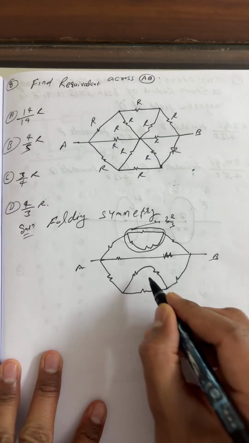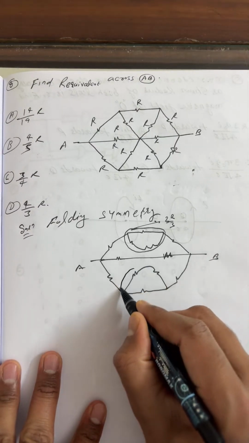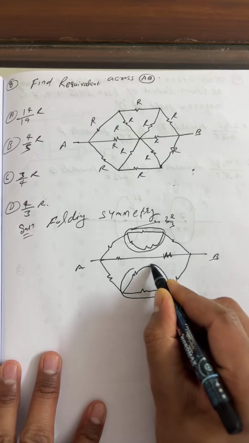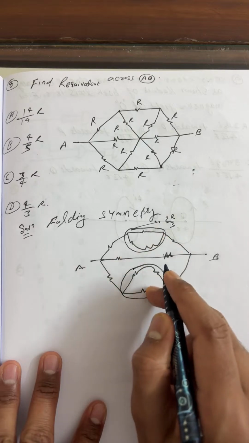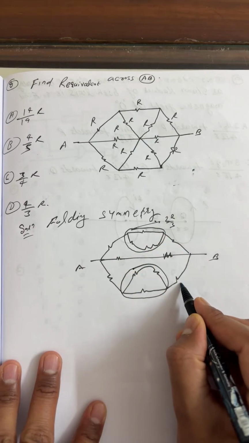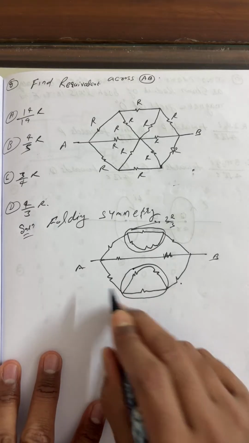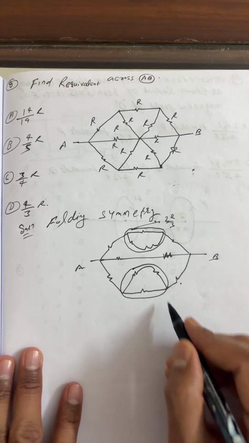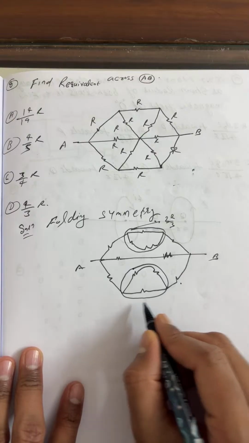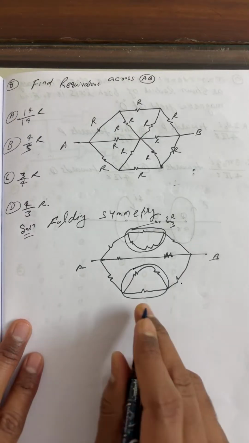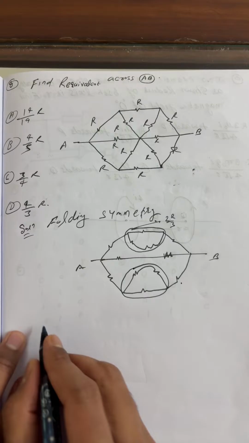This is 2R by 3, and this is R and R in series. Let me just solve further here.